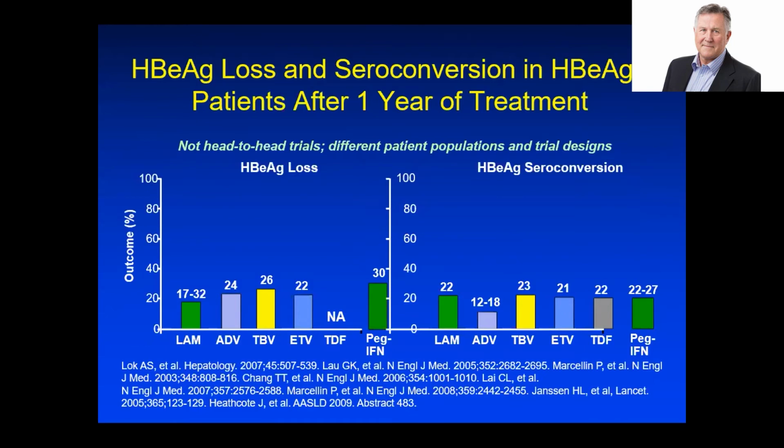If you are E antigen positive, you usually have very mild liver disease, and what you may be able to do is stop that drug if you E antigen seroconvert and enter the immune control phase. This is the rate of E antigen seroconversion over a 1-year period with all drugs, and they're all about the same, roughly 20 to 25% over a 1-year period.